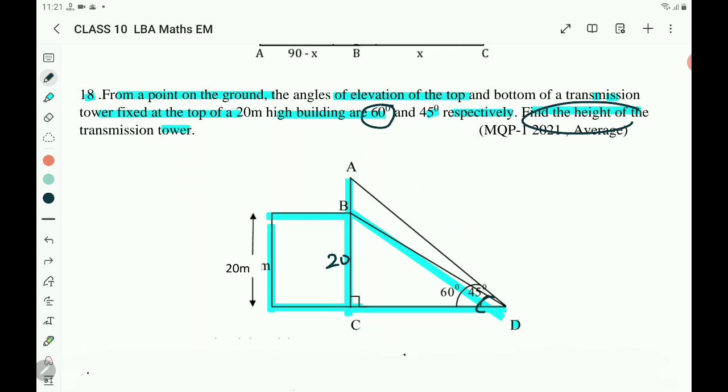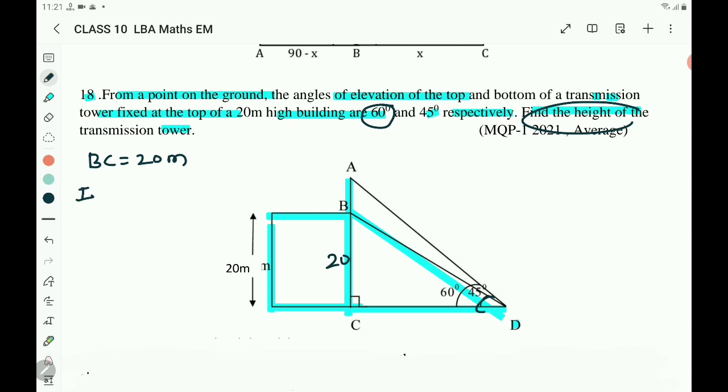Then AB is equals to what? AC minus BC. BC is already given. So here use the trigonometric ratio to the triangle BCD and ACD. Then you take here BC is equals to how much? 20 meter. That is nothing but the height of the building.